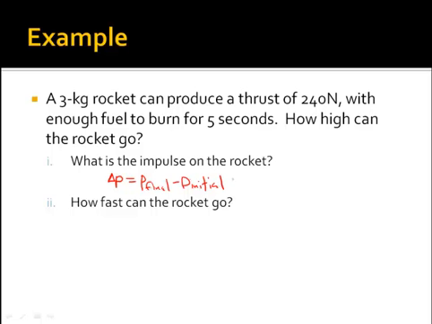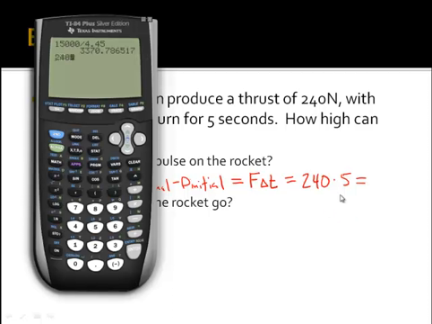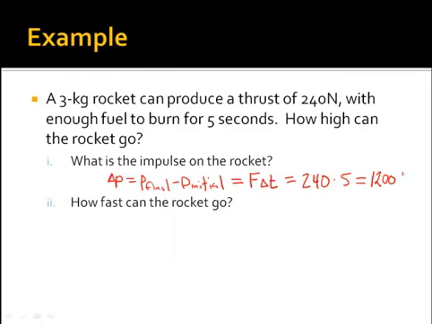But impulse is also defined as a force exerted on an object for a given amount of time, and we know the force and the amount of time, so this is our in. We've got 240 newtons times 5 seconds. That means it has a total change in momentum of 240 times 5, or 1,200 kilogram meters per second.